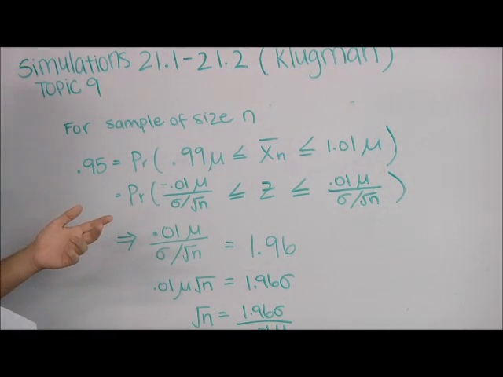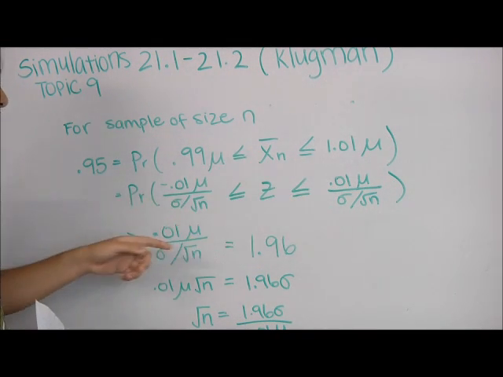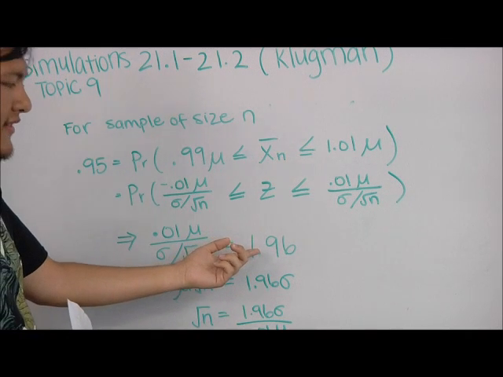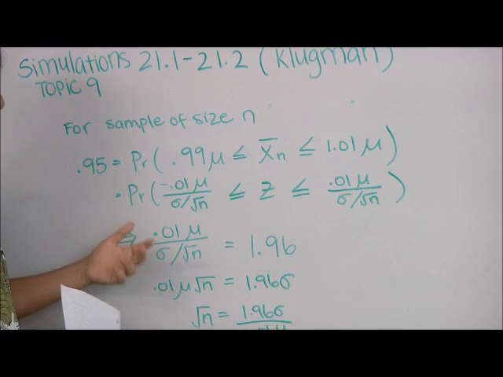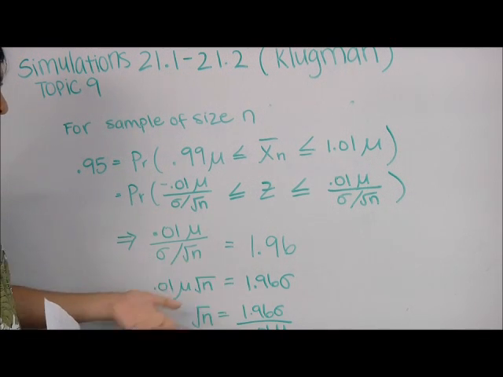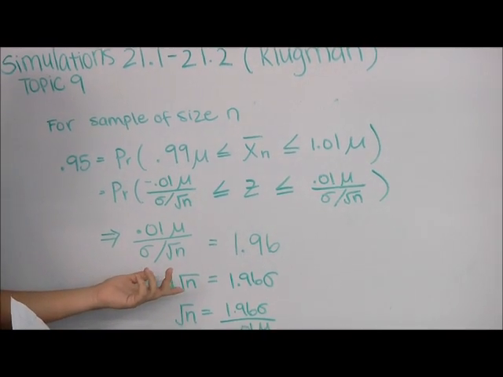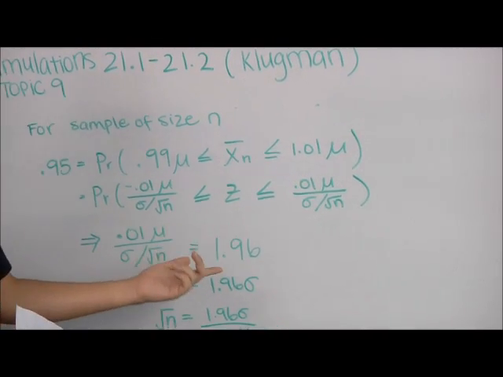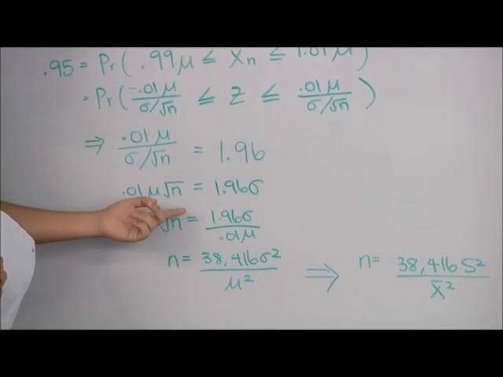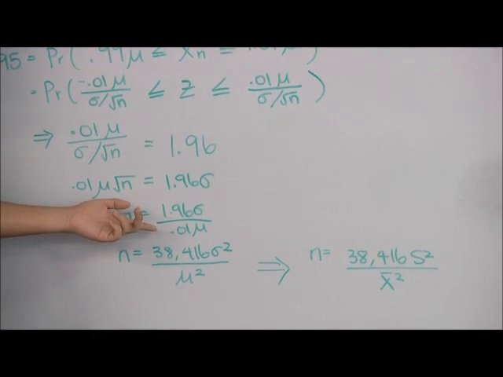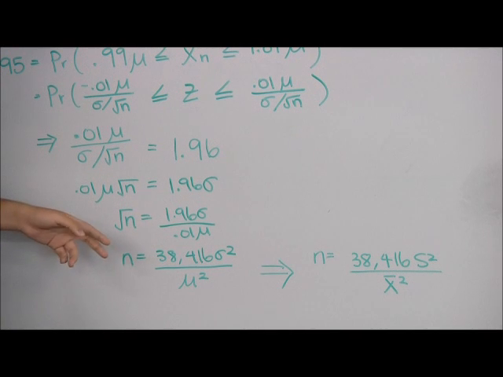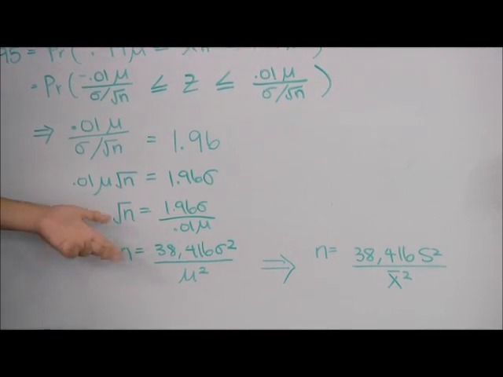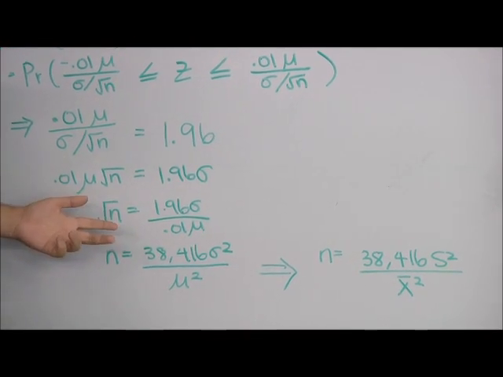And knowing from the standard normal distribution tables, you will get that this is equal to 1.96, and then you solve for n. So 0.01 mu times square root of n is equal to 1.96 sigma, so square root of n is equal to 1.96 sigma over 0.01 mu, and you end up with n equal to 38,416 sigma squared over mu squared.